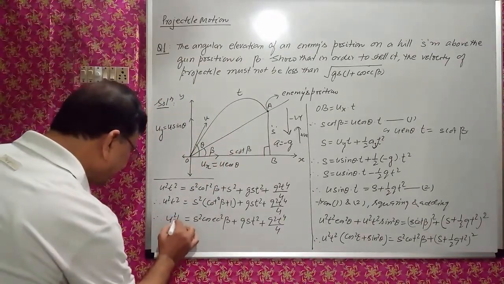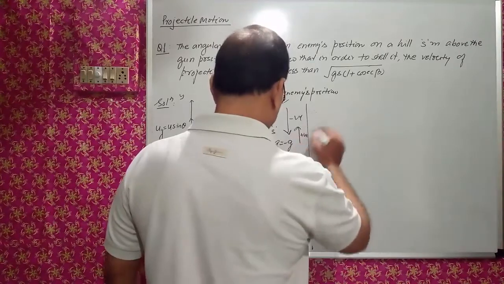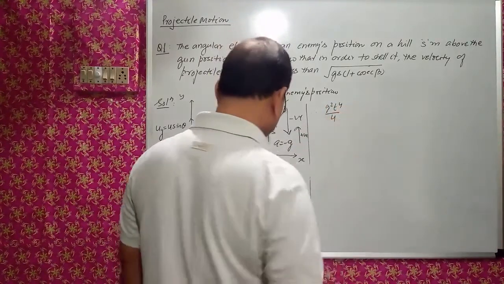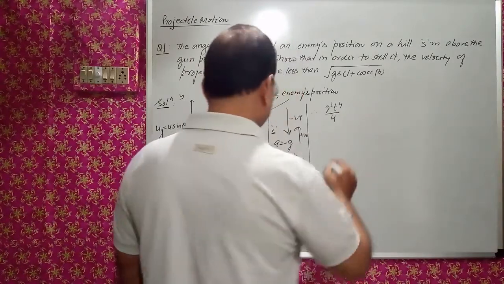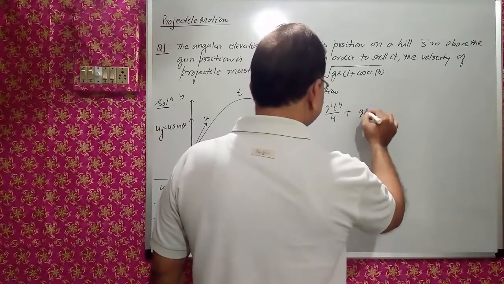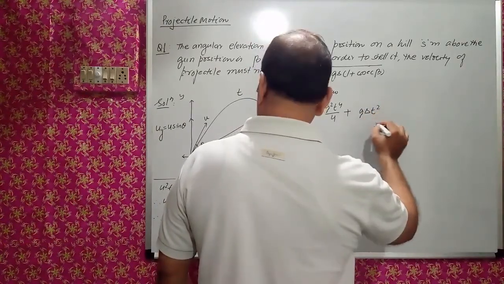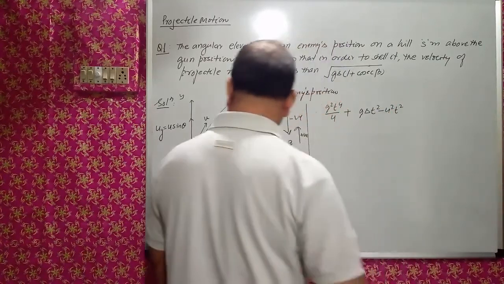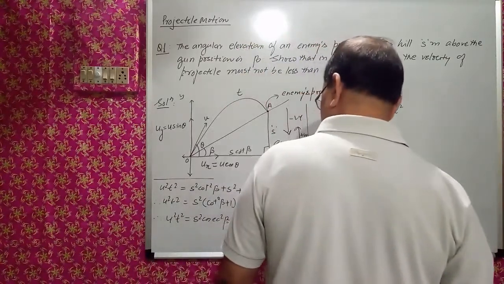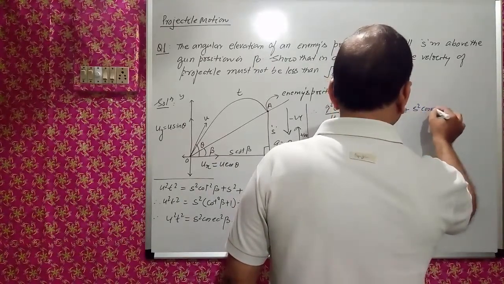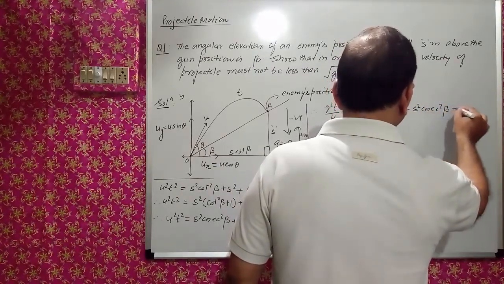Finally, u square t square. Therefore, g square t to the power 4 by 4 plus gs t square minus u square t square plus s square cosec square beta is equal to 0.